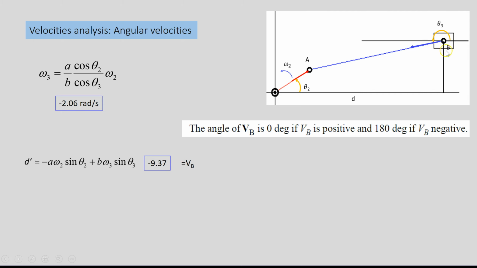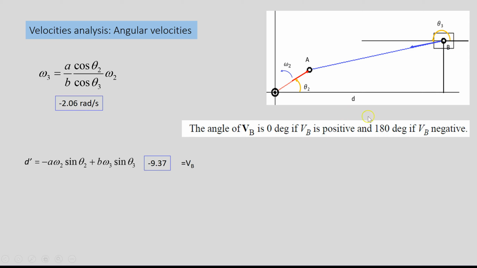If we look at this diagram, you can see that the center of the slider, this B point and this point are actually the same point. So when the slider moves left or right, this point also changes, which means d values actually change when the slider changes. So if we find the velocity of the slider, that would be the velocity of pin joint B.